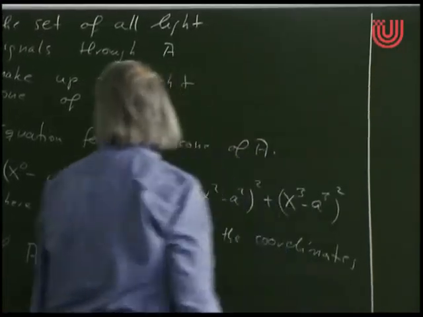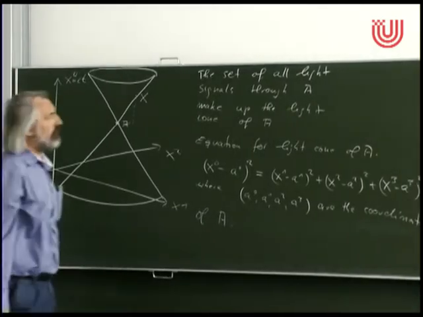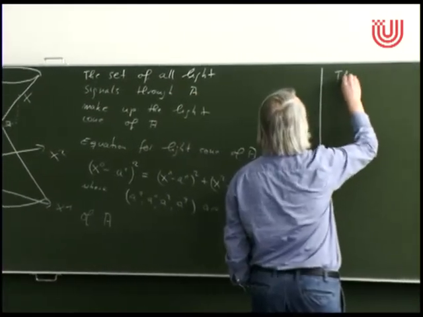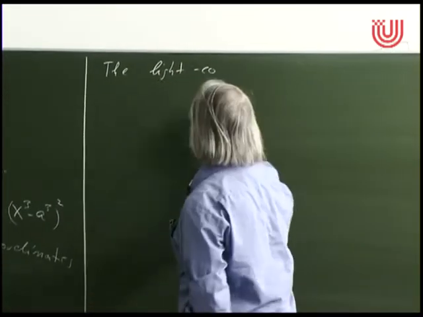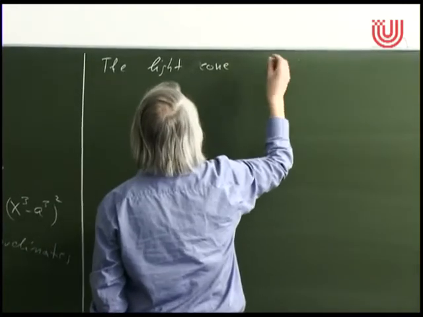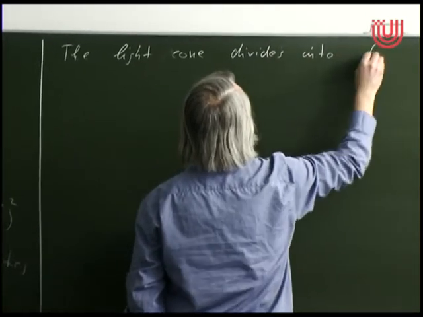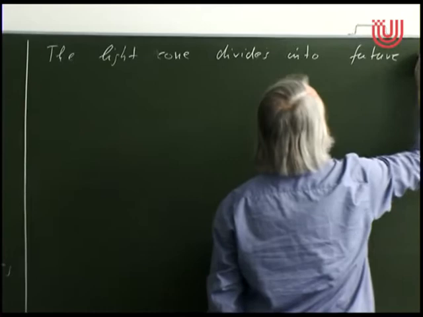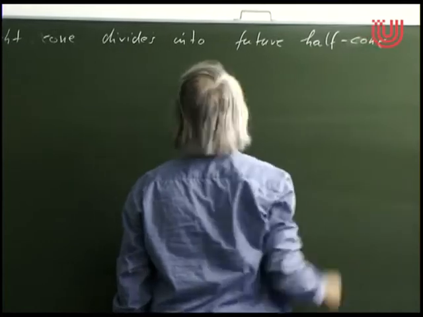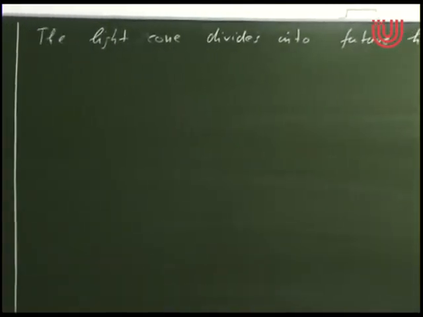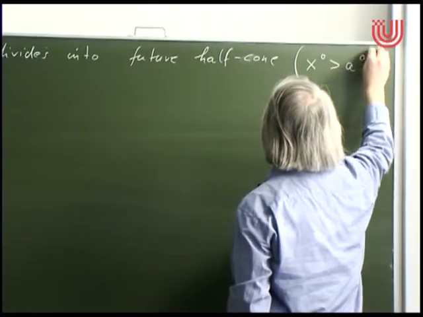Obviously, the light cone splits into two halves. That's obvious from the picture, a future half-cone and a past half-cone. So the light cone divides into the future half-cone, that's the set of all events x which satisfy this equation and, in addition, the inequality that x0 is bigger than A0.